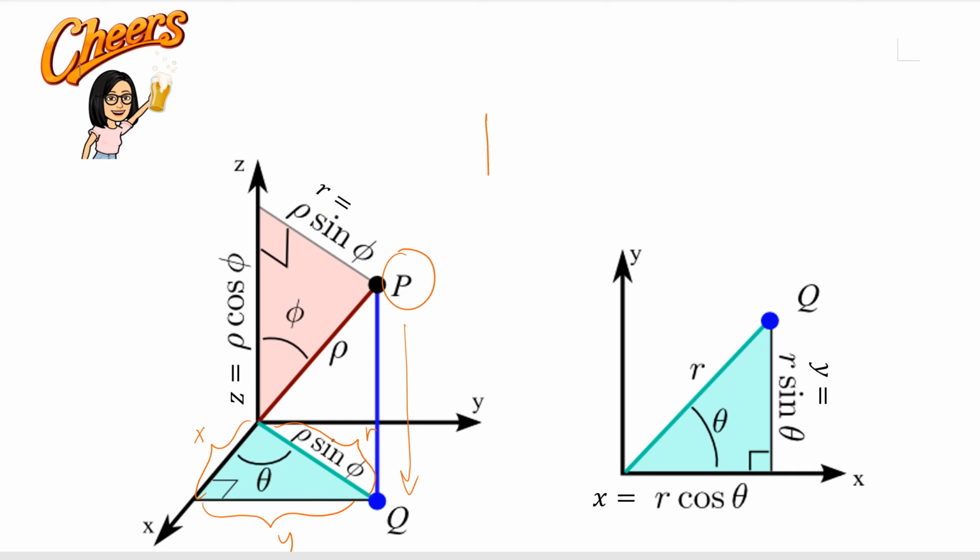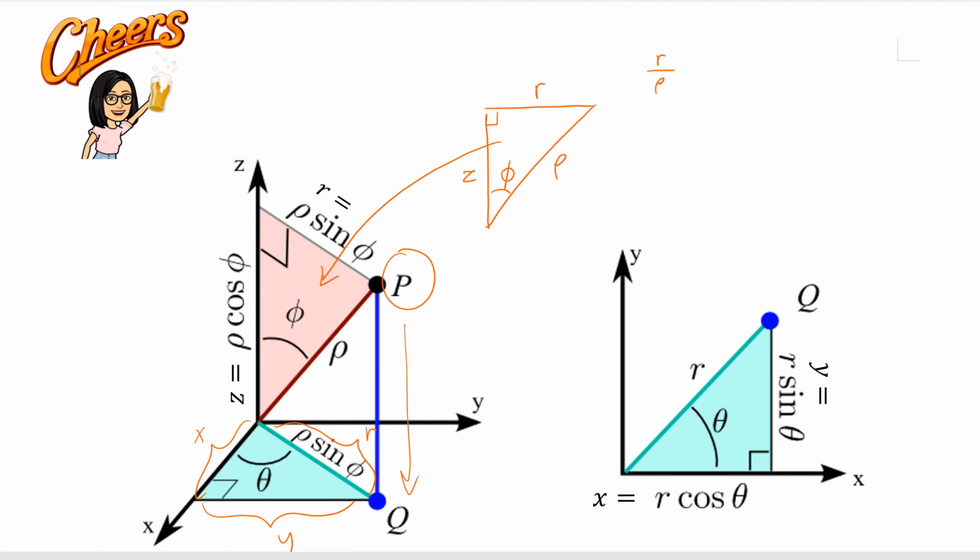Now you can see this red triangle. Here we have r, here we have z, here we have rho, and the drop-down angle is phi. You can see r is the opposite over the hypotenuse.